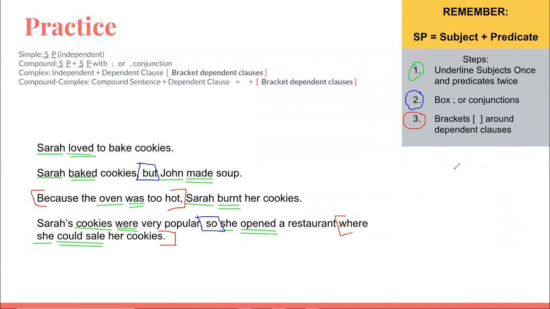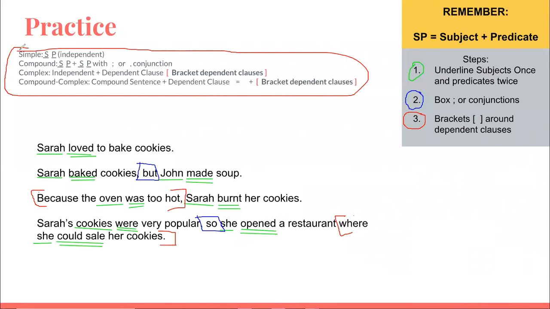Okay, if you can remember, if we look up here at this little list, I highly recommend that you take this down as notes. If it's just underlined, we have a simple sentence. There are no boxes or brackets in here. That is an S. Then we have a box, right? We box our conjunctions and such.